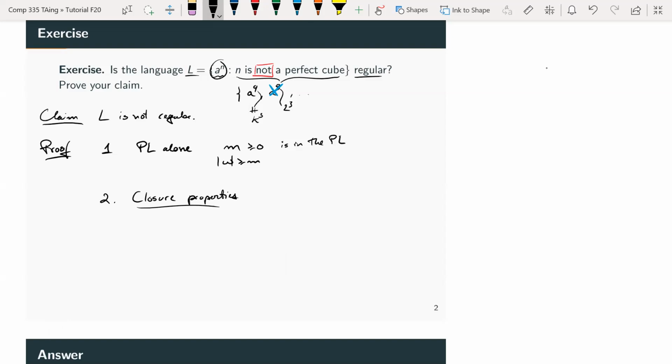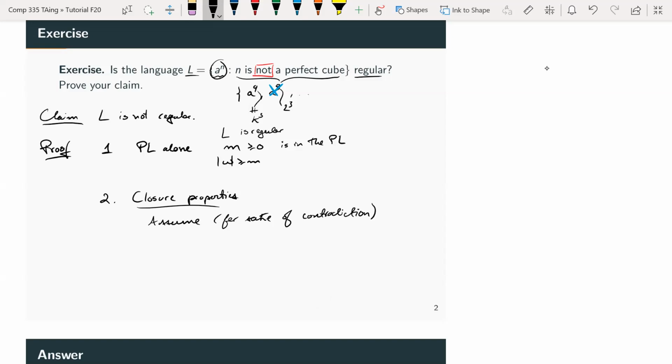So what I'm going to do here is first assume, for the sake of contradiction, right? Even when you're doing a pumping lemma, the first step is assuming for contradiction that L is in fact regular.